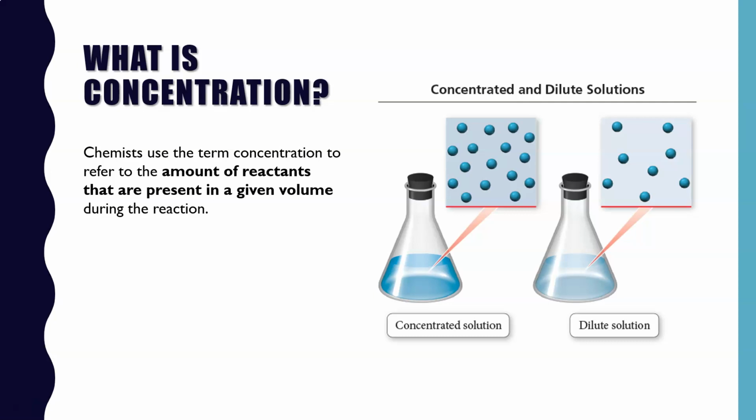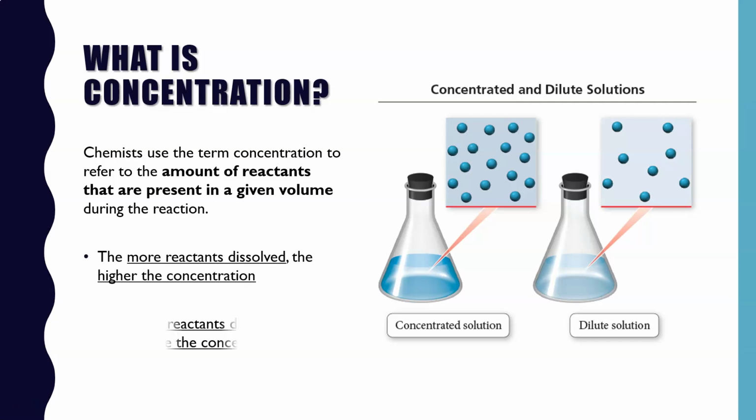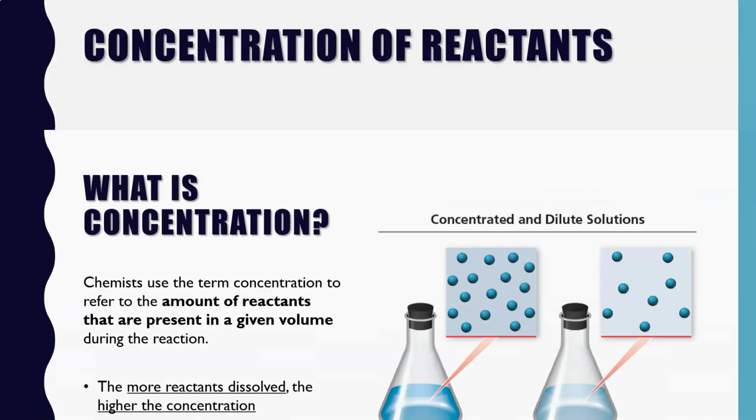Then on the right hand side, where we've got a dilute solution, you'll see there's less particles. So the more reactants dissolved, the higher the concentration. The fewer reactants dissolved, the more dilute the concentration, or lesser concentration.